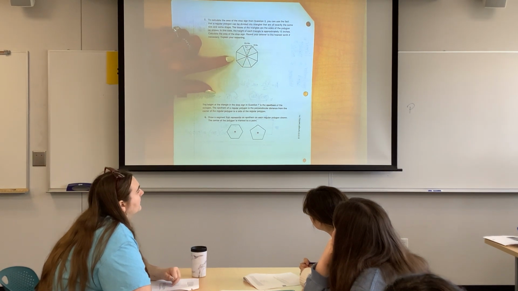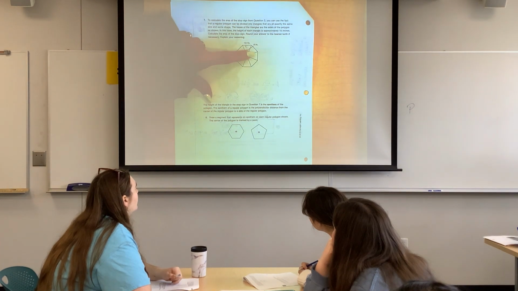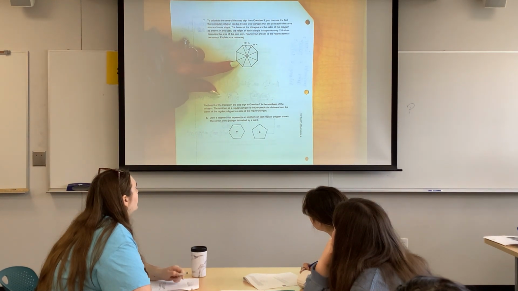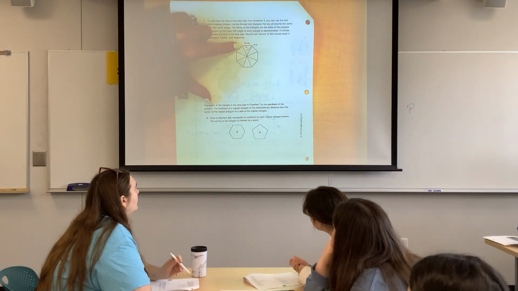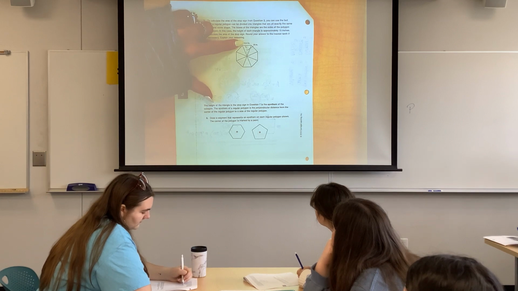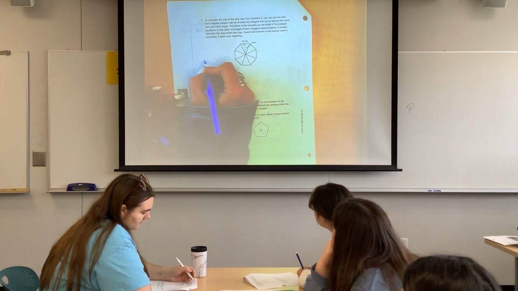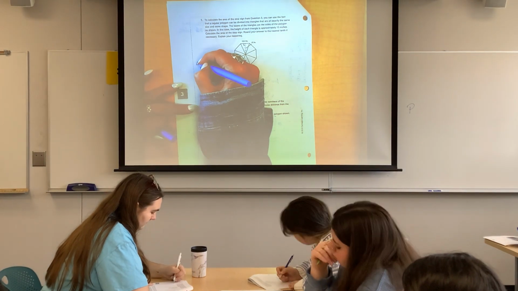So the stop sign, since it has 8 sides, it's going to have how many congruent triangles? 8 congruent triangles. If I know that a side of that stop sign is 12.4 inches, that gives me the base of one of those triangles.